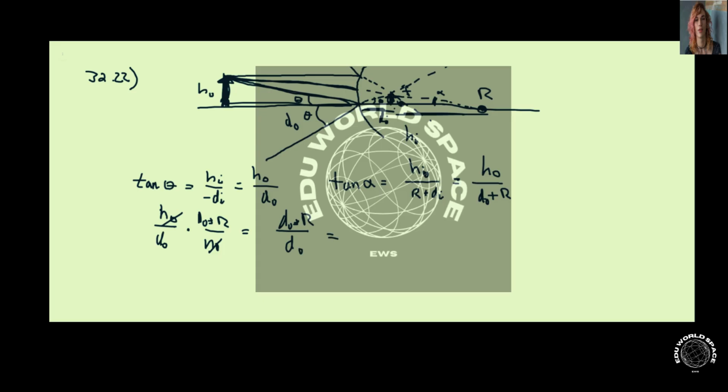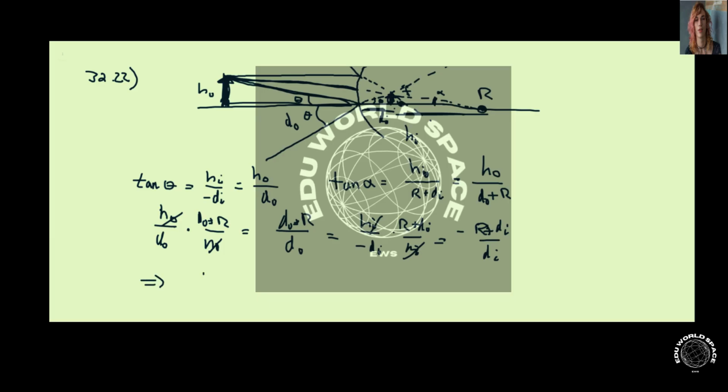And this is equal to the other side, which will have just hi over negative di times r plus di over hi. These will cancel out, and we'll be left with negative r plus di over di. Cool. So now we can simplify this.